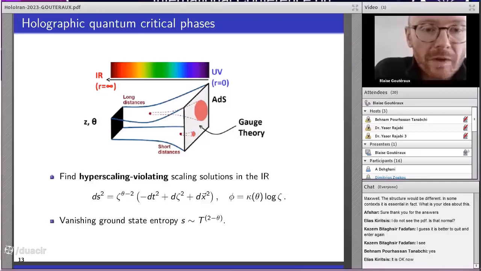That means there's a non-trivial scale that doesn't decouple in the infrared. This is manifest in the behavior of the scalar field, since this is a logarithm. It also has the nice feature, as far as condensed matter applications are concerned, that there's a vanishing ground state entropy at low temperatures.